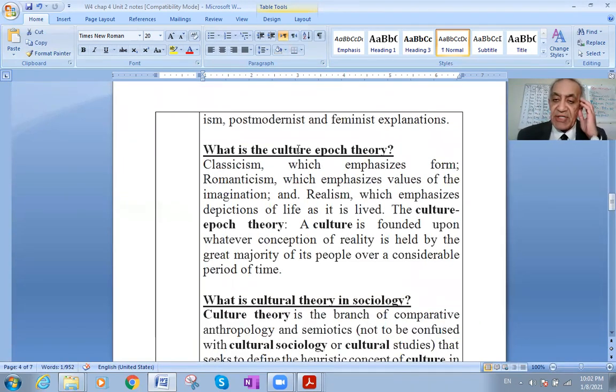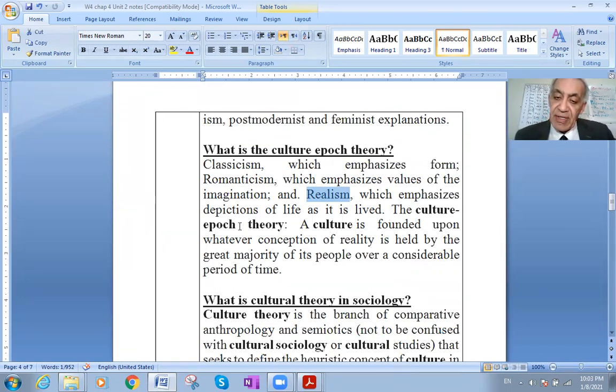Let's see what the culture epoch theory is. Classicism emphasizes form, romanticism emphasizes values of the imagination, and realism emphasizes depictions of life as it is lived.